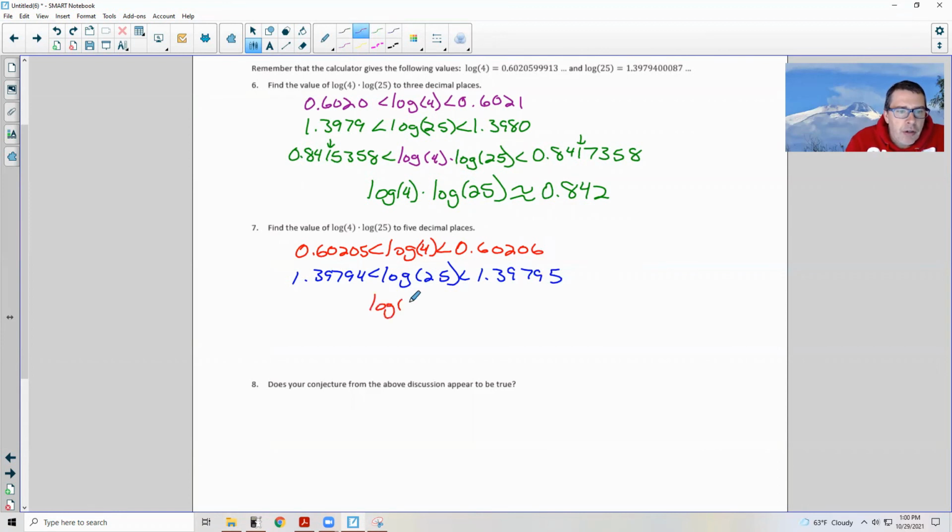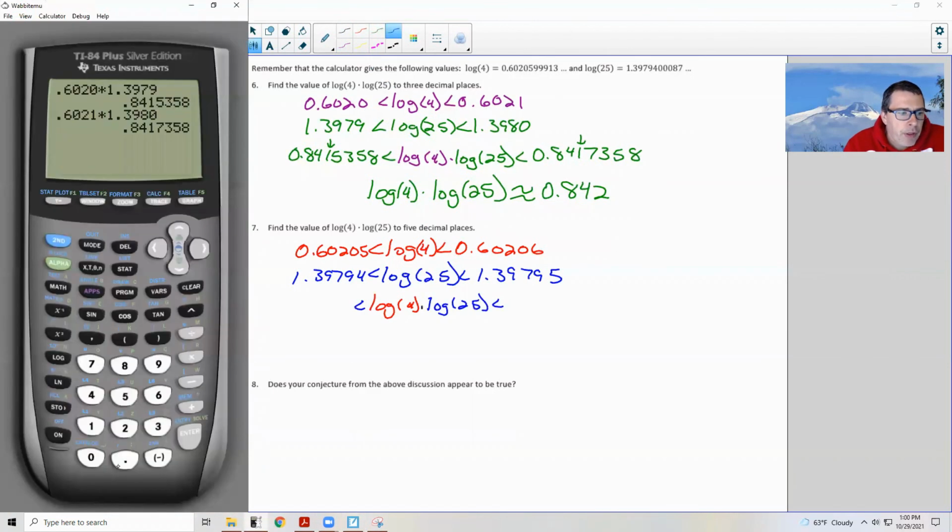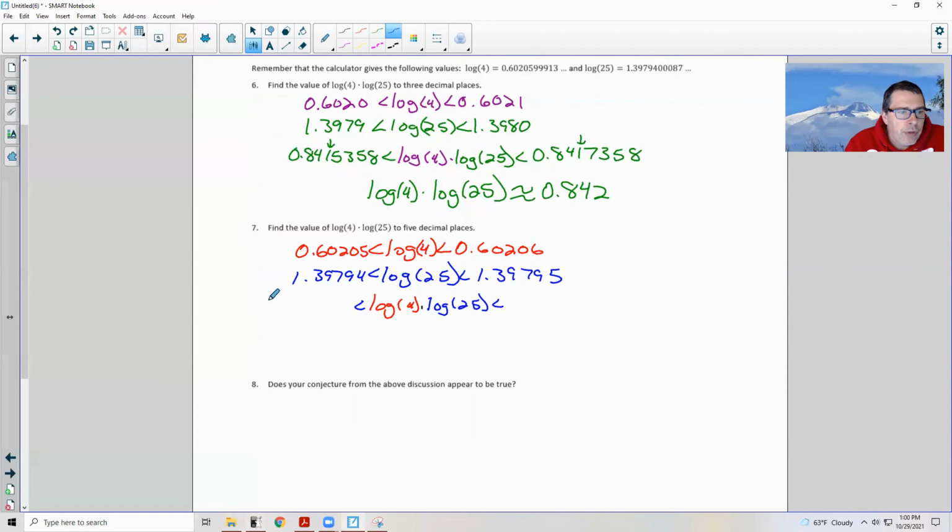So the log of 4 times log 25 is going to be between, and then we do 0.60205 times 1.39794. And I get 0.84162977.